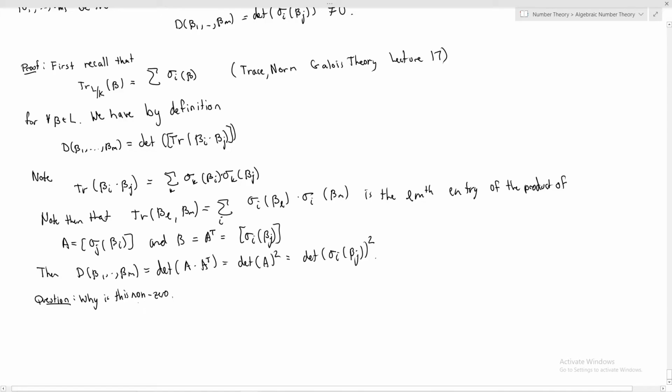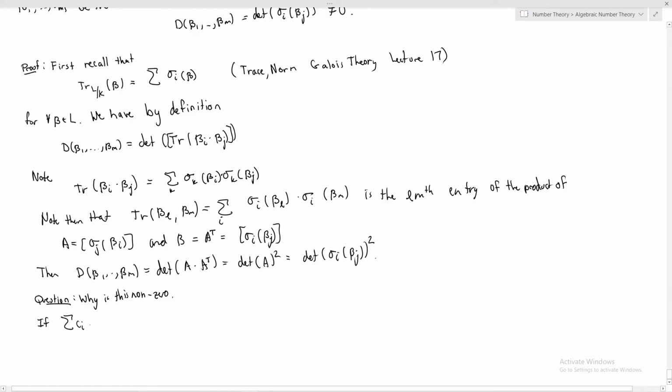Okay, the last condition: why is this non-zero? The short answer is basically Dirichlet's theorem on linear independence of characters.